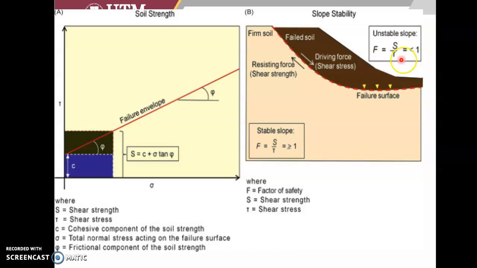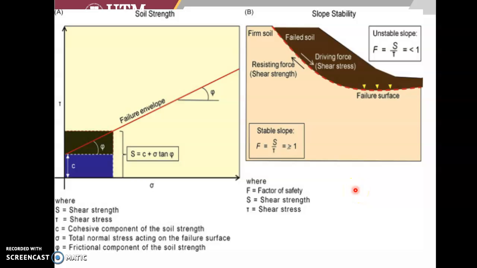And unstable slope usually can be measured by calculating the factor of safety. So the driving force shouldn't be bigger than the resisting force, shear strength. So shear strength should be bigger. If it is small, so it is less than 1, the soil might fail.